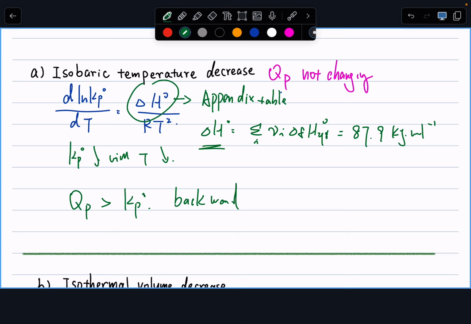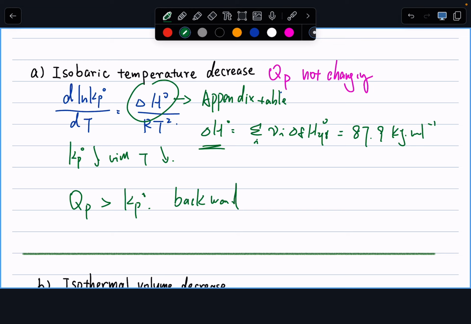Yes. I just want to make sure I have the reasoning correct. If it was negative 87.9, you would say that QP is increasing as temperature increases? Right, it's easier if you just plot my temperature. Imagine we have some kind of delta H that's negative.